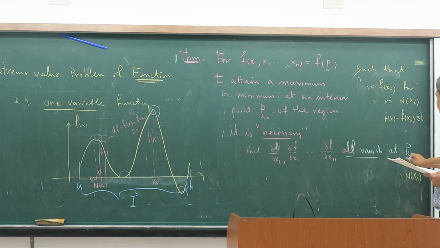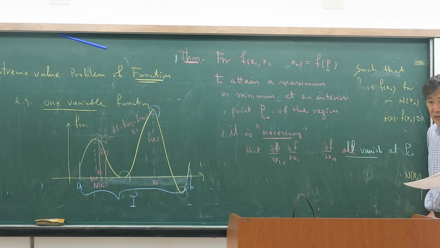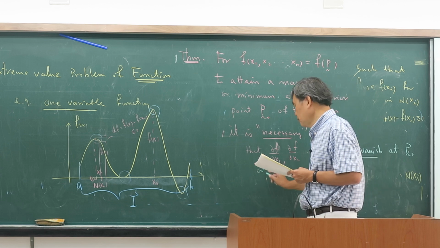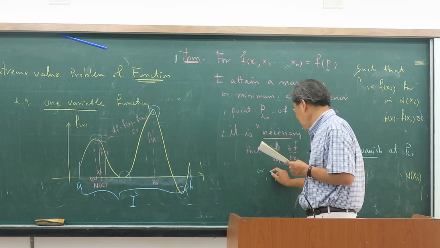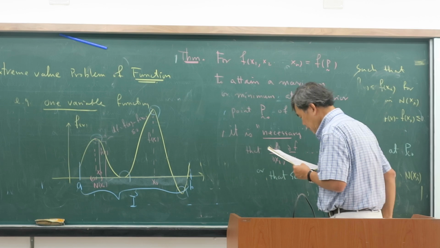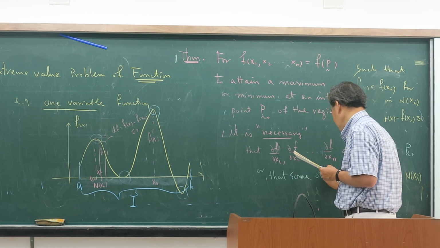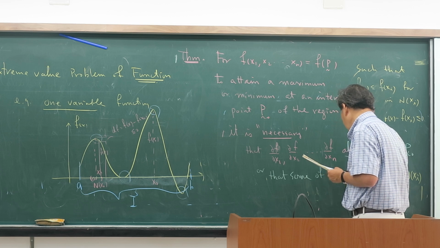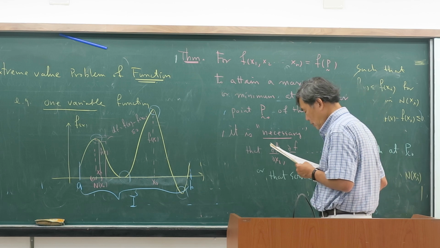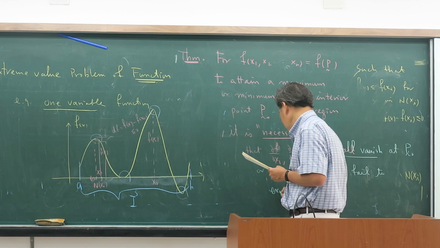P0 is an n-dimensional variable, a vector. P vector is n-dimensional. All vanish, or that some of them fail to exist.